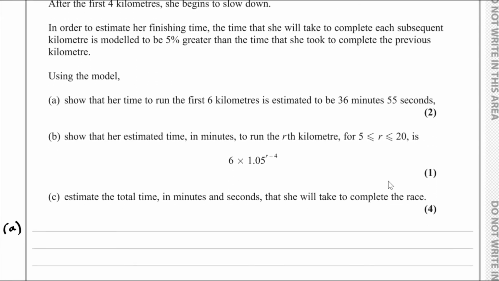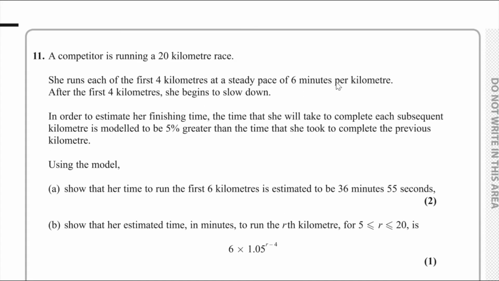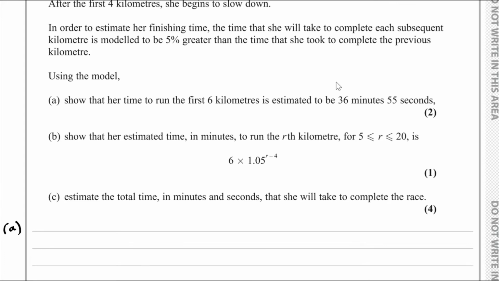So for part A, we have the first 4 kilometers she's running at 6 minutes per kilometer. So we have 6 plus another 6 plus another 6 plus another 6.